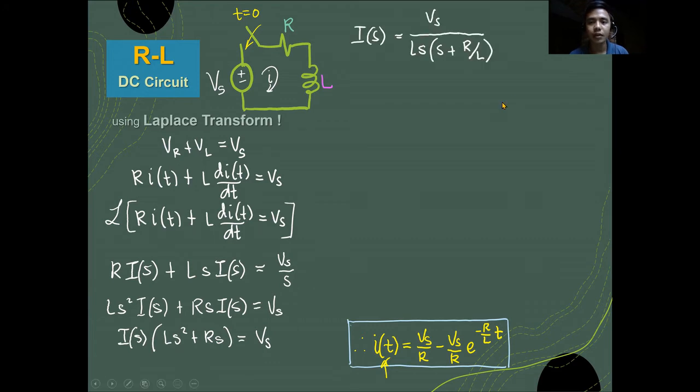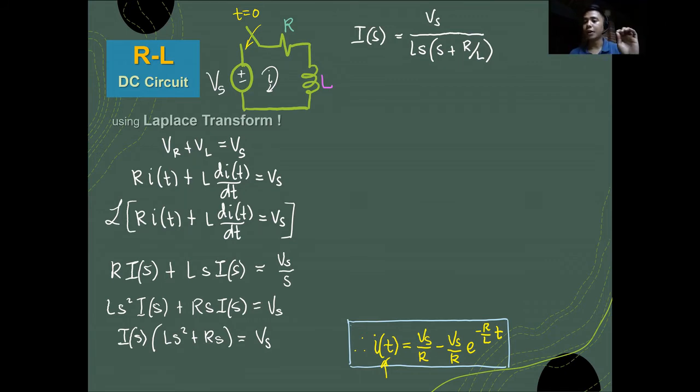So you have Vs over Ls times (s plus R over L). We just get the L and s outside, so that it's Ls times (s plus R/L).